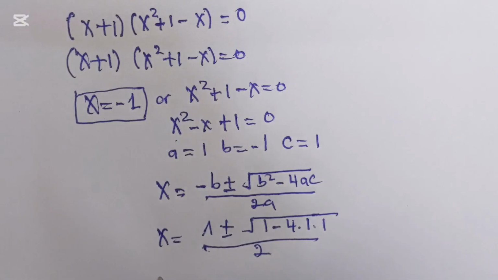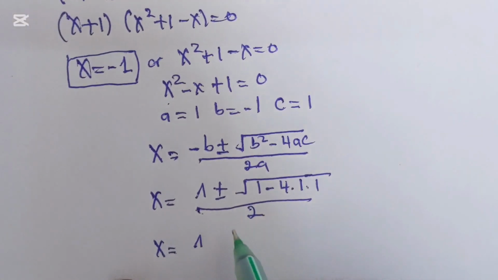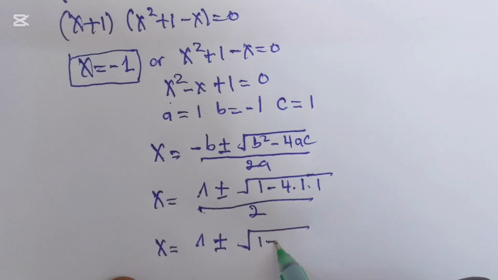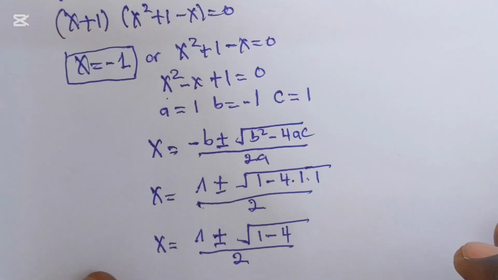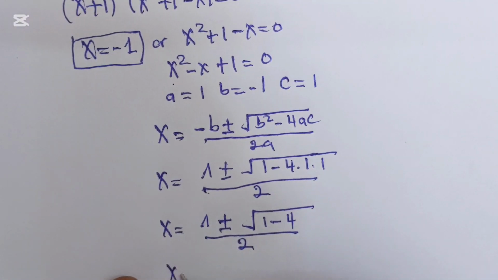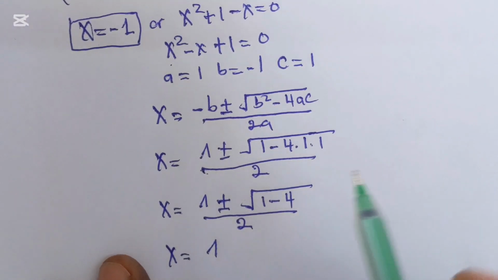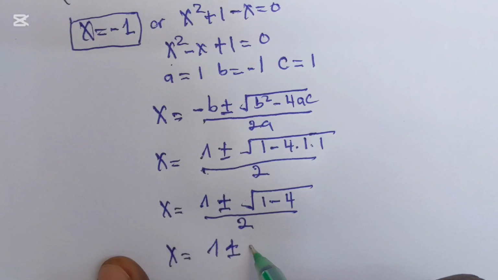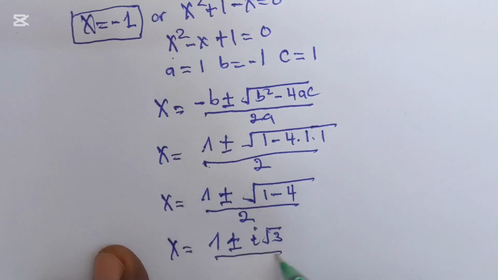So that our x here will be equal to 1 plus or minus square root of 1 minus 4, over 2. Our x here will be equal to 1 plus or minus i square root of 3, over 2.